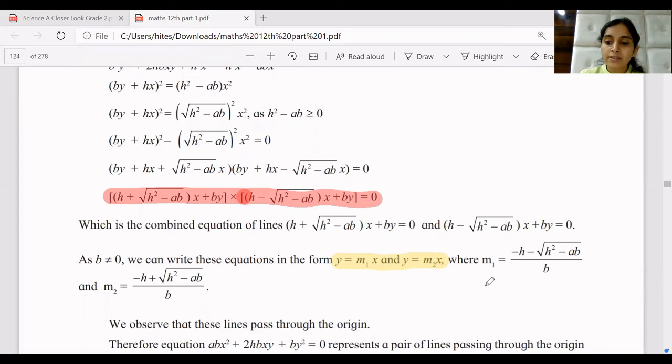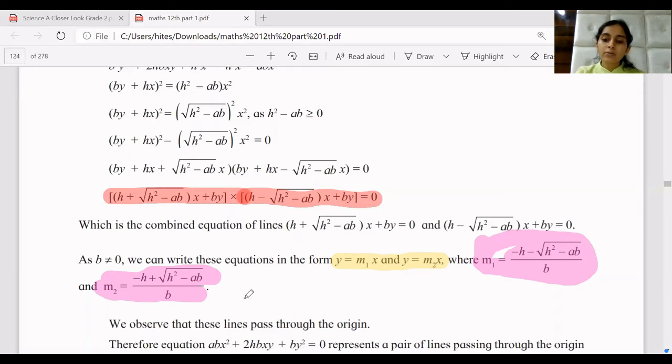What are they? m1 = −(h + √(h² − ab))/b, and m2 = −(h − √(h² − ab))/b. Now these two slopes m1 and m2 are very important, so we have to remember them while solving the sums. When we are finding equations or slopes of lines from the combined equation, we can use this and get the equation directly.